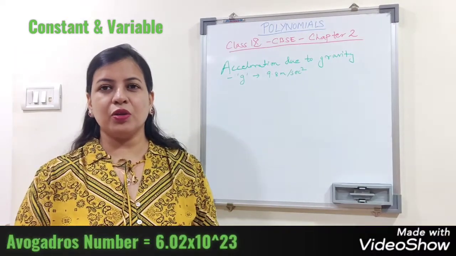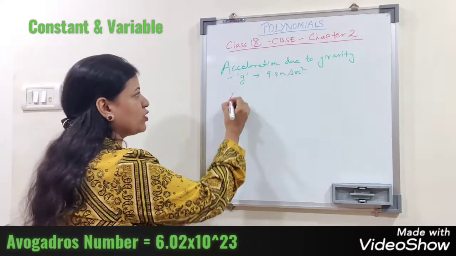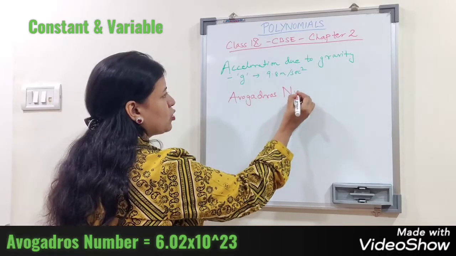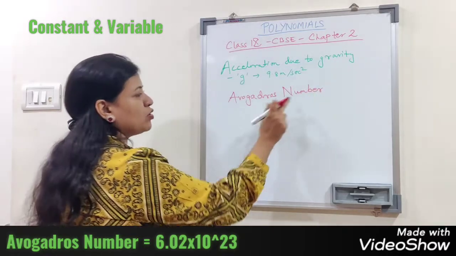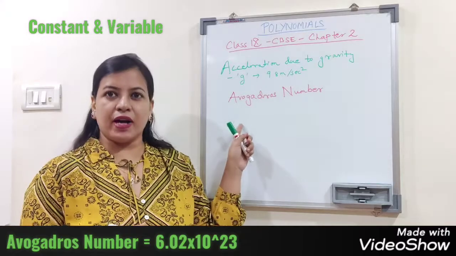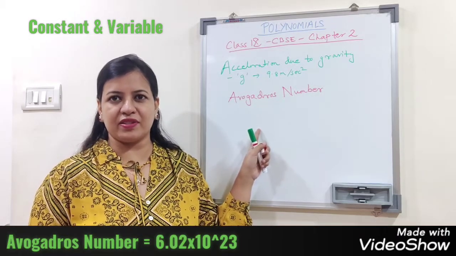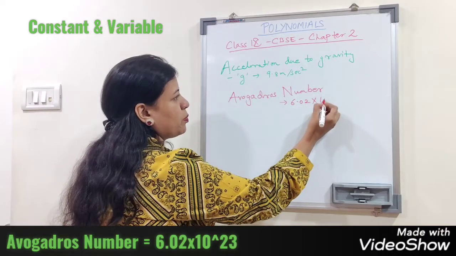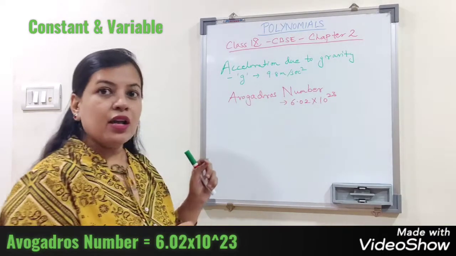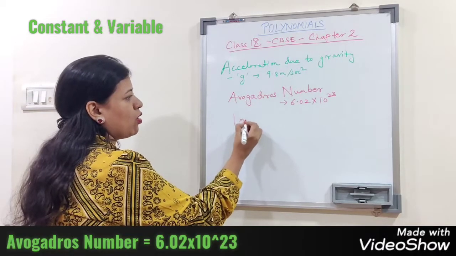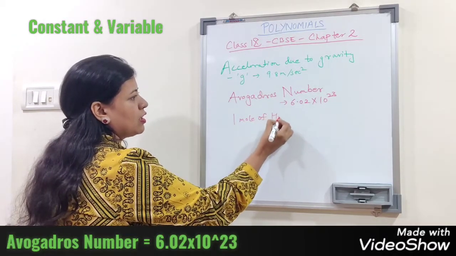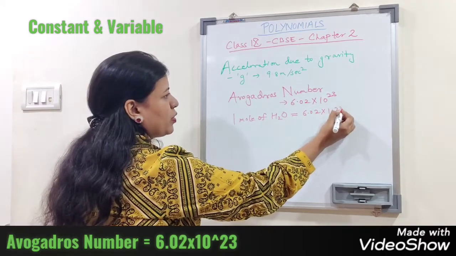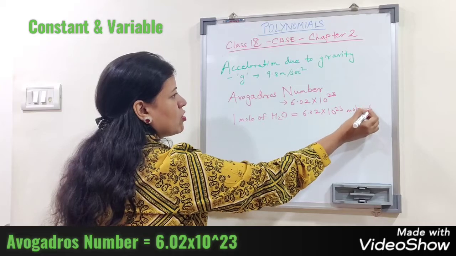Now in chemistry, you must have heard of the term Avogadro's number. Avogadro's number says that the number of particles in 1 mole of any substance is always 6.02 into 10 to the power 23. So for example, 1 mole of water will always consist of 6.02 into 10 to the power 23 molecules of water.